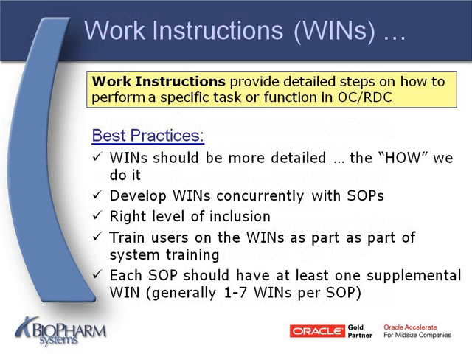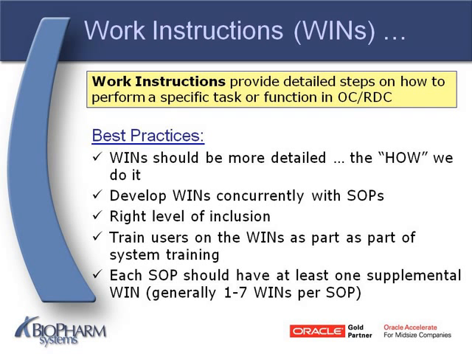Okay, so the SOPs are a very high level what we do. The WINs are the detailed how we do it. WINs, I think, should be developed concurrently with your SOPs, kind of at the same time. The level of inclusion, the training, all of that, same as the SOPs. And as a general rule, I think each SOP should have at least one supplemental WIN.